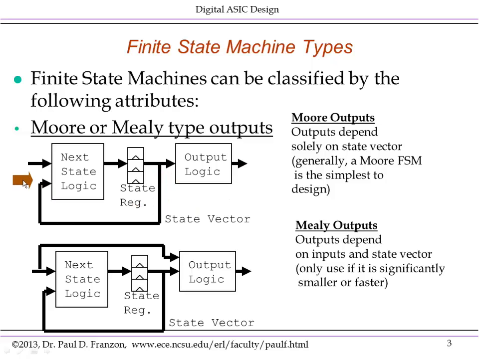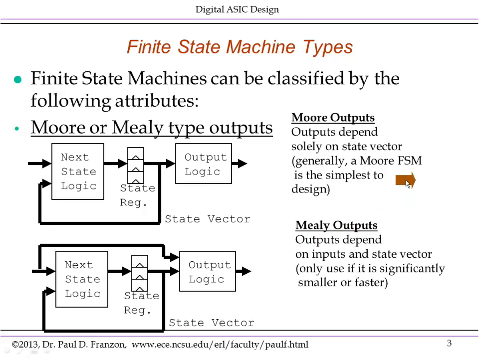Of course, the next state logic depends both on the inputs and the current state vector. In contrast, in Mealy machines, the outputs depend on both the inputs and the state vector. So here you see, for example, you have this additional set of lines coming from the inputs to the finite state machine to the output logic that is producing the control signals.